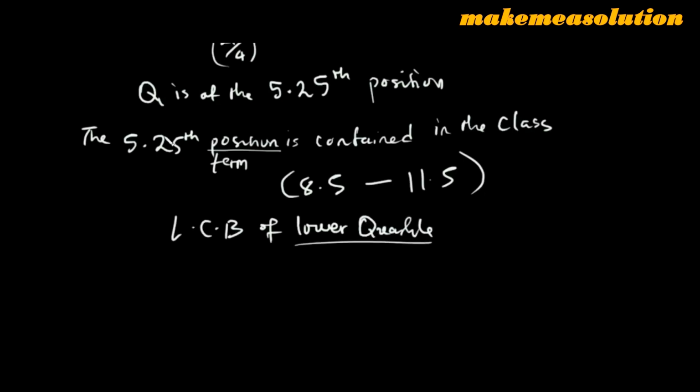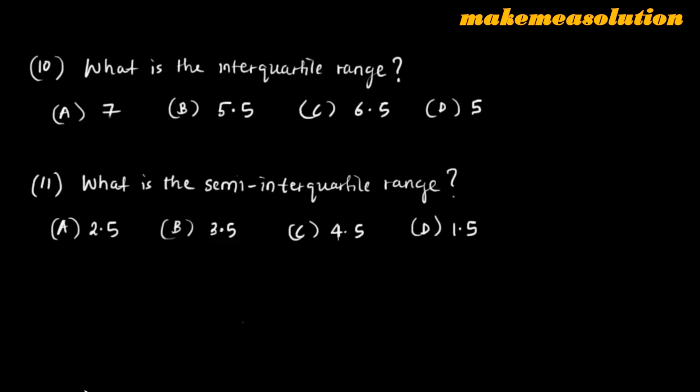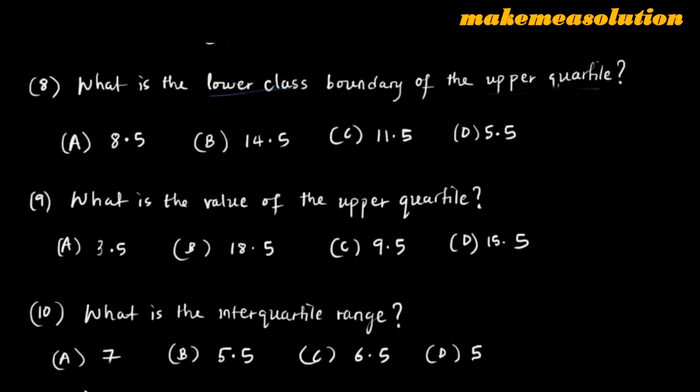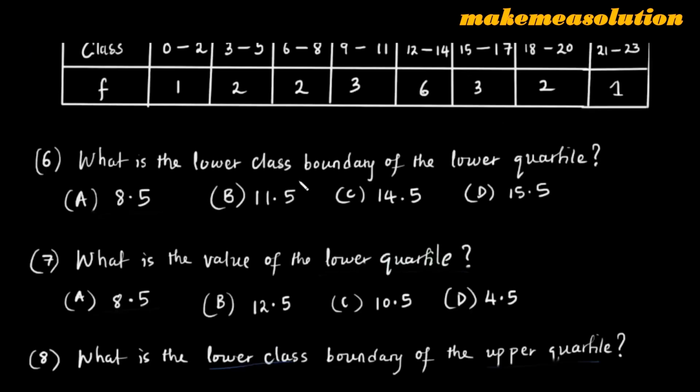Why am I calling it the lower quartile class? Because the lower quartile class is at this position, and the lower class boundary is what? 8.5. So the answer to this question is 8.5. Is that okay? So the answer to question number 6 is 8.5. The lower class boundary of the lower quartile is 8.5.